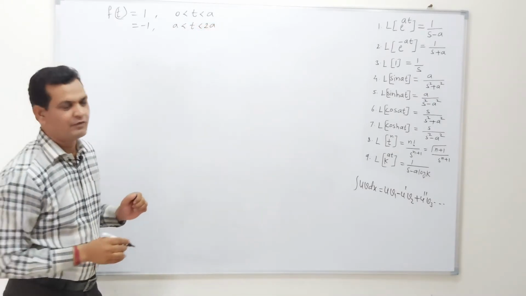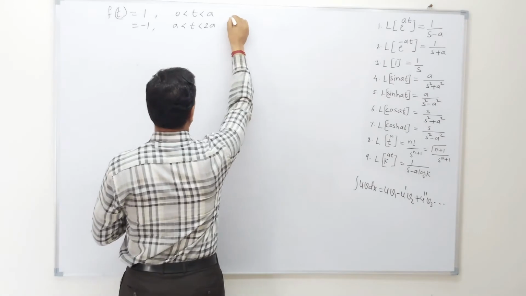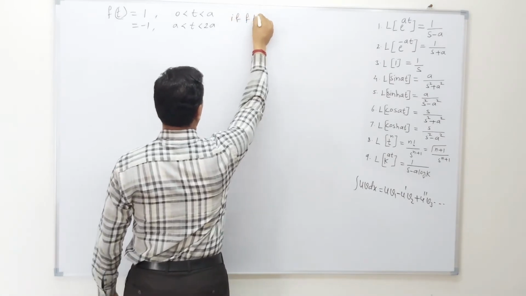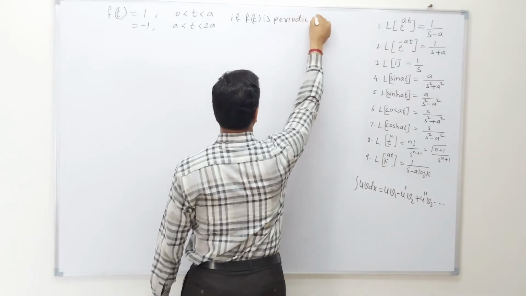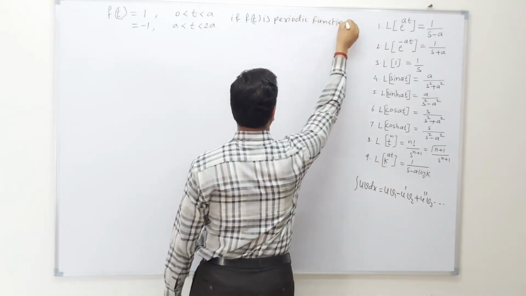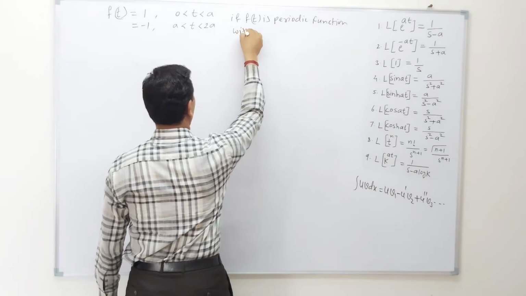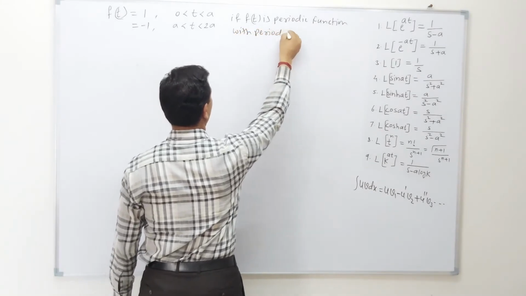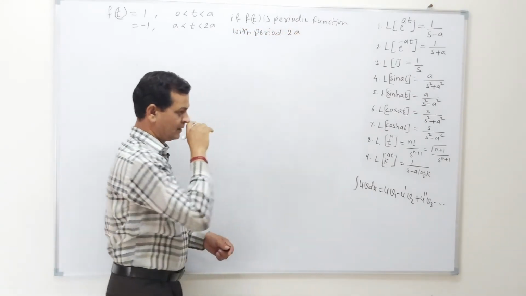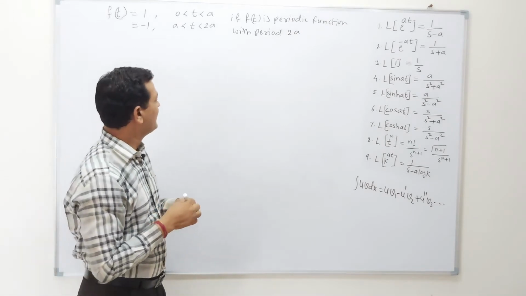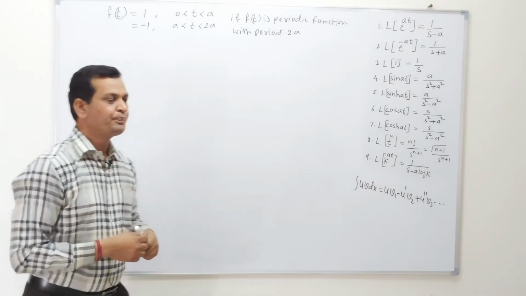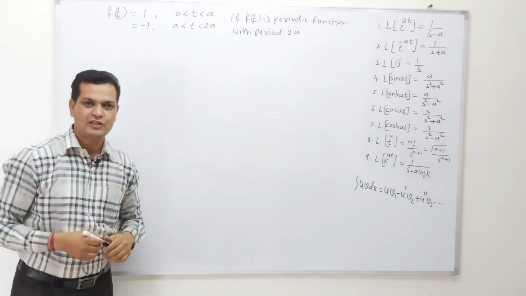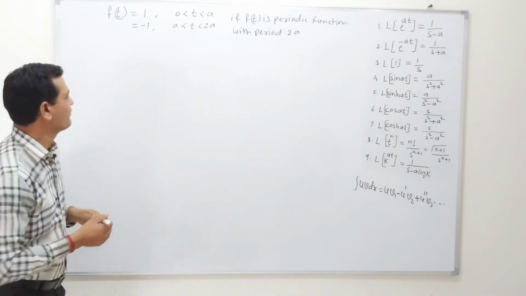So this is the given function, and f of t is a periodic function with period 2a. So straightforward, here they mention that the given function is a periodic function with period 2a, then we can apply the concept called the Laplace transformation of a periodic function.